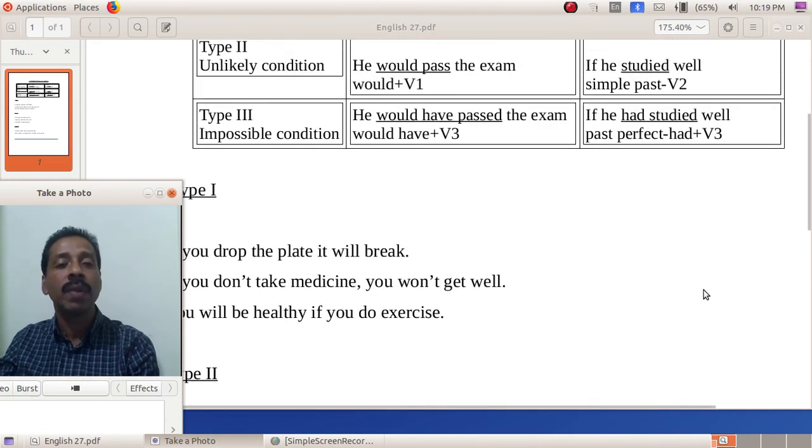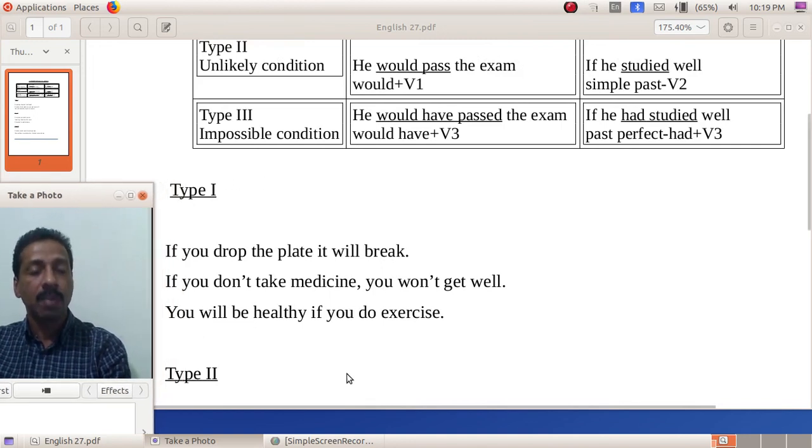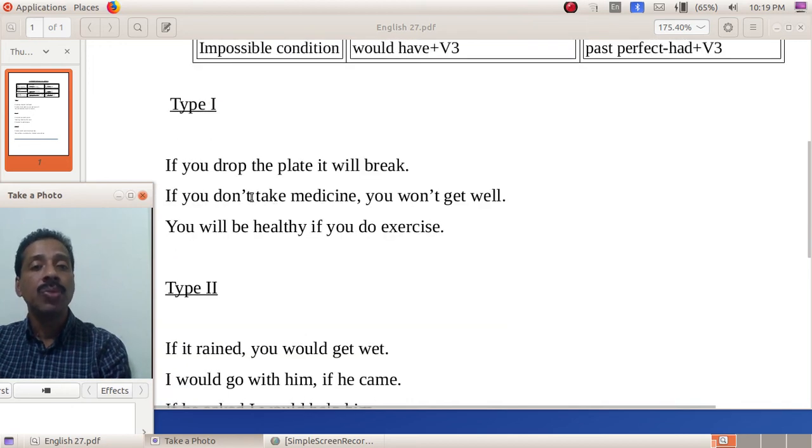Okay, I have given certain examples here for type 1, type 2, type 3 conditional clauses. Type 1 here, see, if you drop the plate, it will break. If you don't take medicine, you won't get well. You will be healthy if you do exercise.